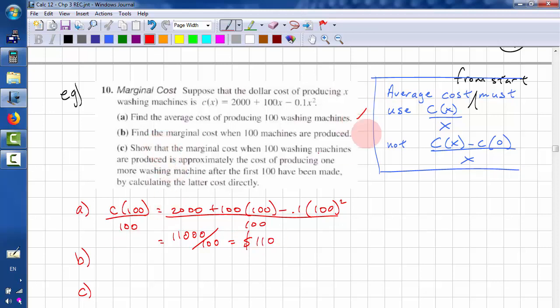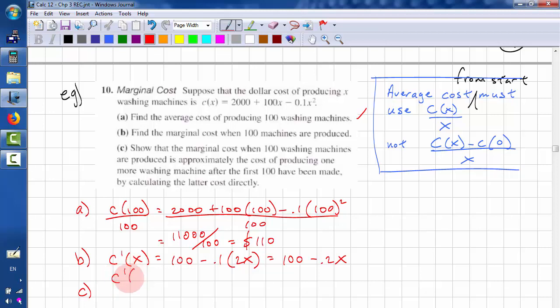B, find the marginal cost when 100 machines are produced. So we need the derivative. C prime of x equals, that's a constant, that goes to 0. This is a 100, and we use the power rule, so this is 0.1 times 2x. We can simplify this, 100 minus 0.2x.